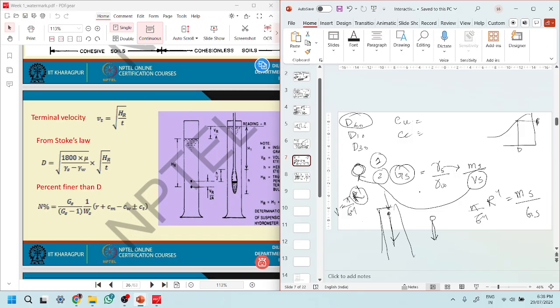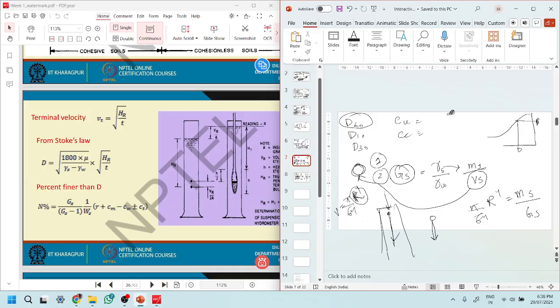So there are a lot of calculations, but the main logic is the same: all the particles will reach a terminal velocity. All particles have the same specific gravity, the mass specific gravity.